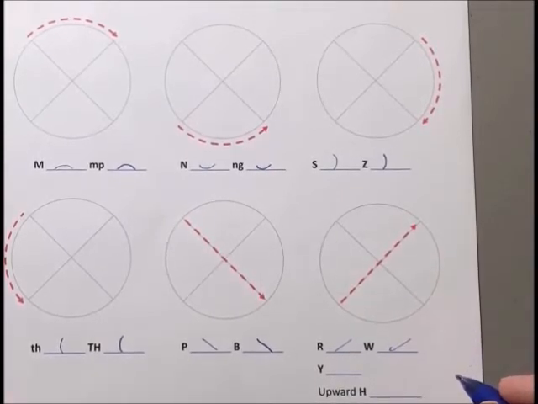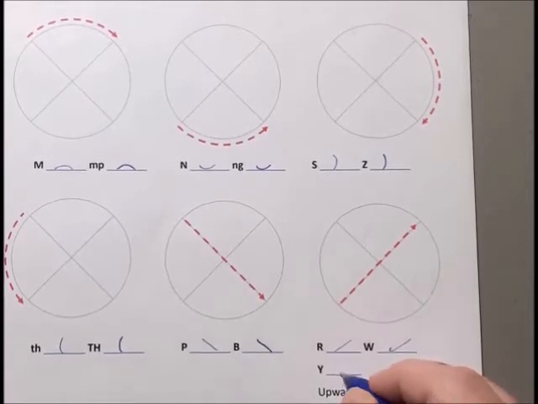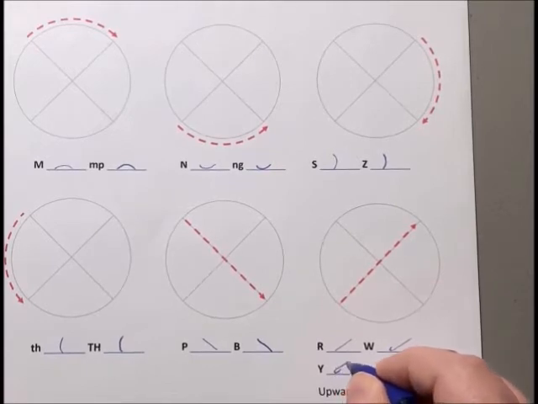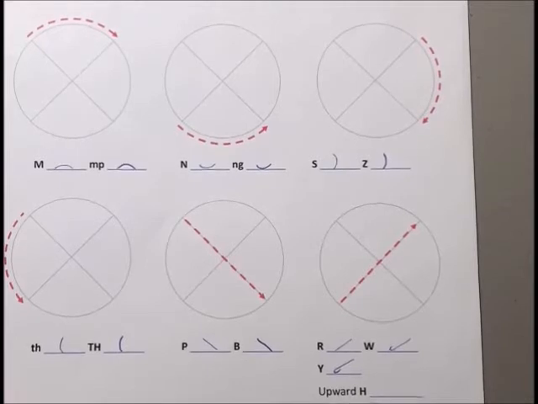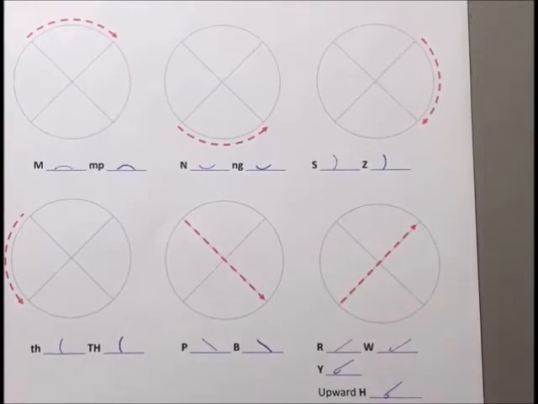The Y has a hook, but it's tucked underneath, opposite of the W, so it will be written like this. And then the upward H is written with a circle in the beginning, and then of course that upward stroke at the 45-degree angle.